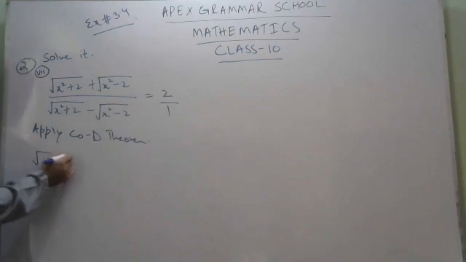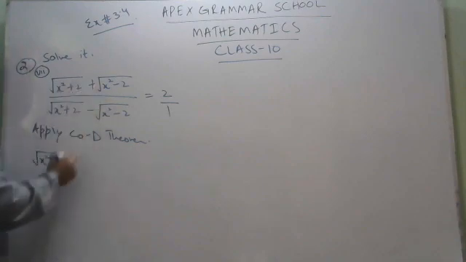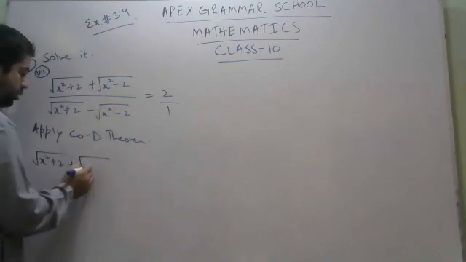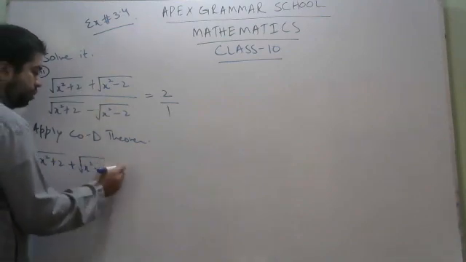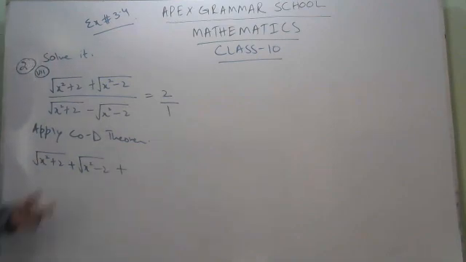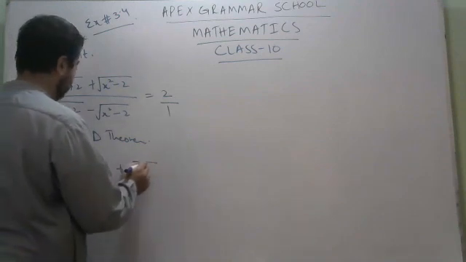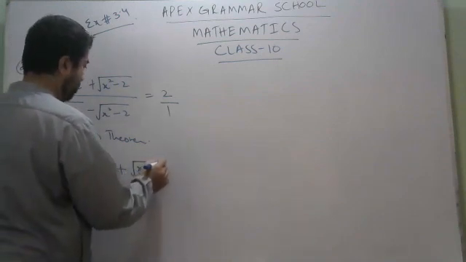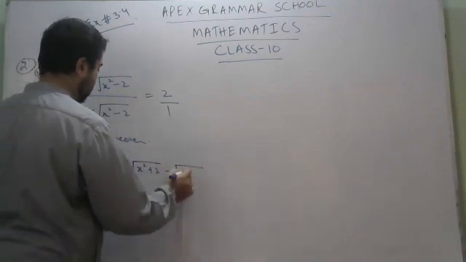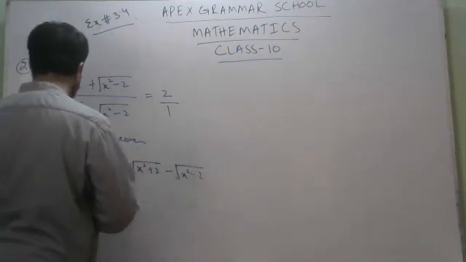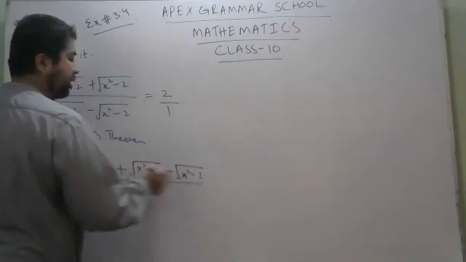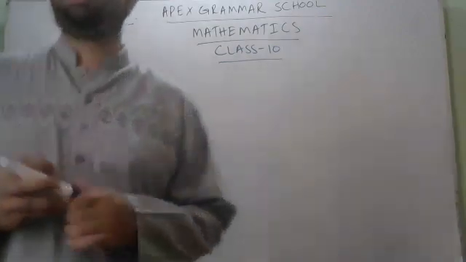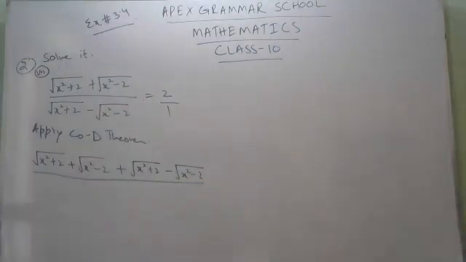First we need to write the numerator, then the plus sign, and then the denominator. The positive sign will not cause any sign change, so no sign will be changed there.